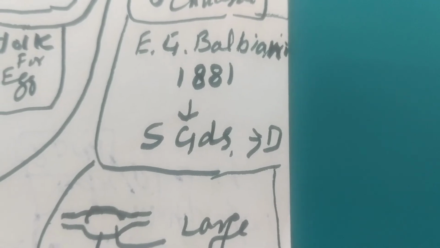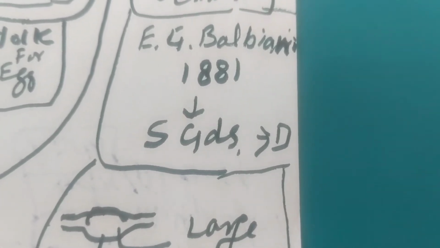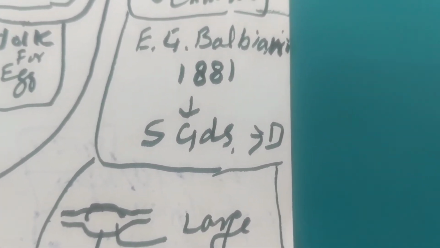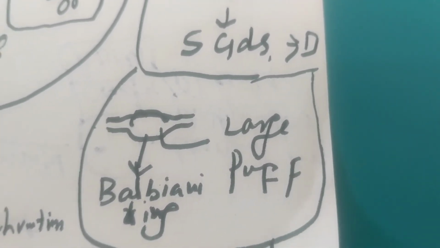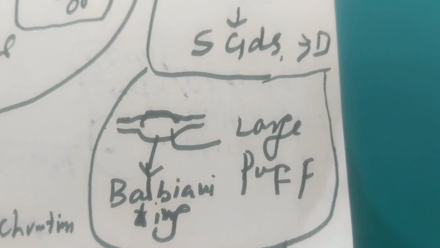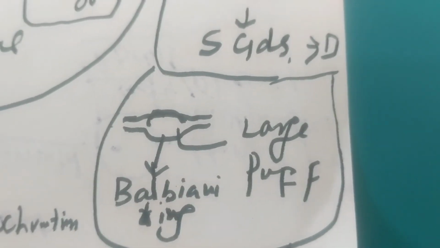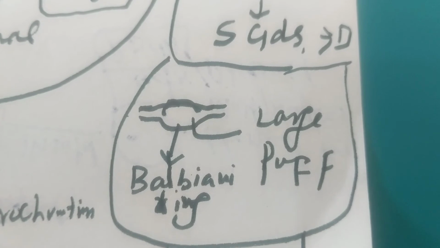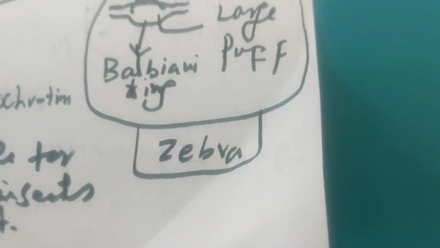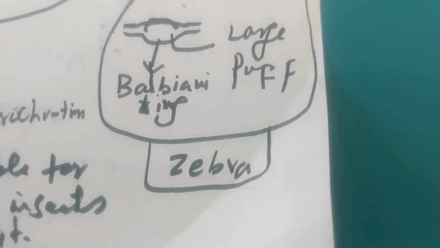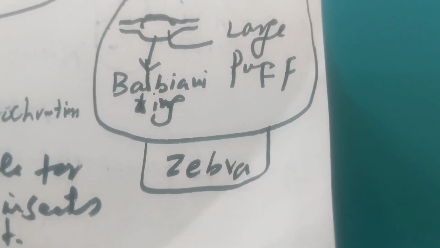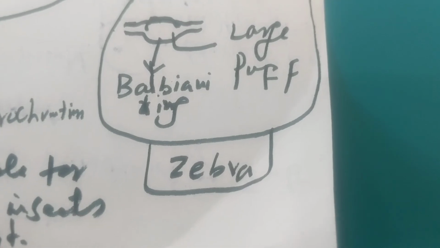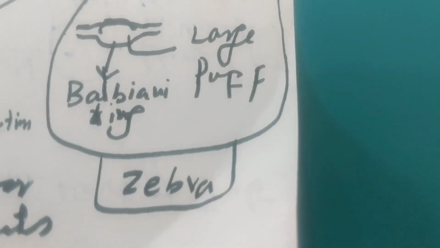It was found in the salivary glands of Drosophila. Its shape has a large puff in between, also called the Balbiani ring. There are two bands around it, one dark and one light band, like the stripes on a zebra.